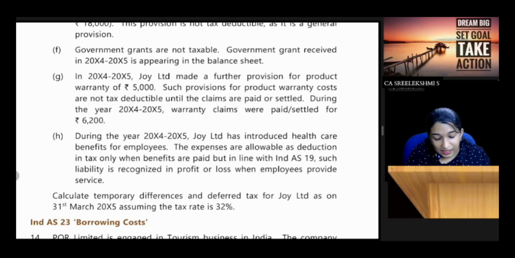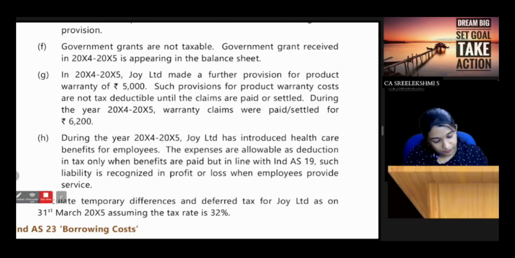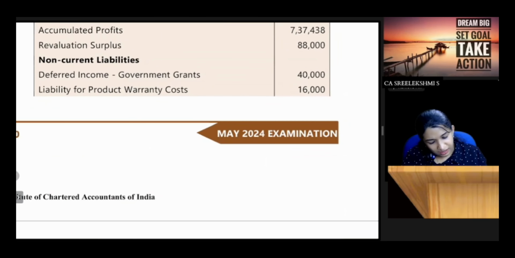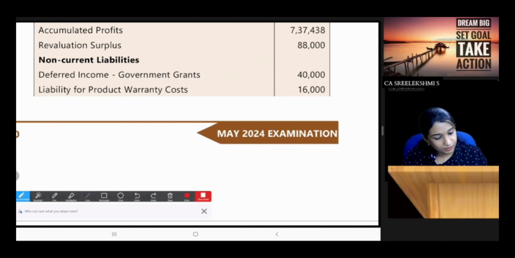No. Government grants are not taxable. Government grant received in 14-15 appearing in the balance sheet. Oh, there is a government grant. Grant received appearing in the balance sheet. Balance sheet where? Deferred income. So it will be credited to P&L over the period in which the conditions are to be satisfied, but it is not taxable.